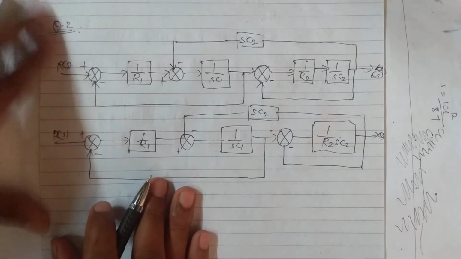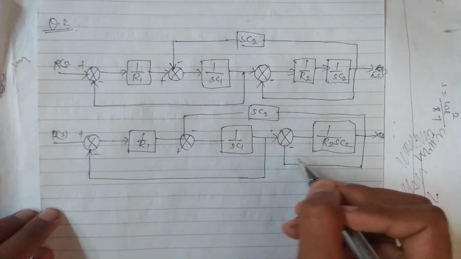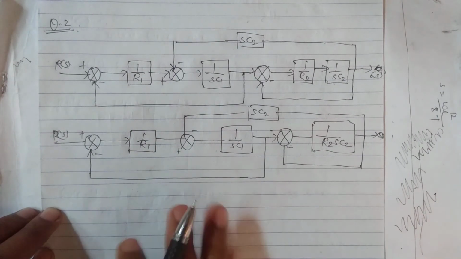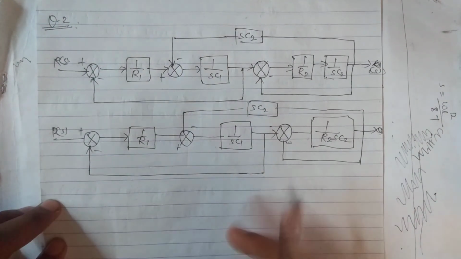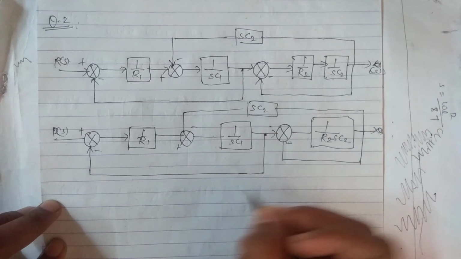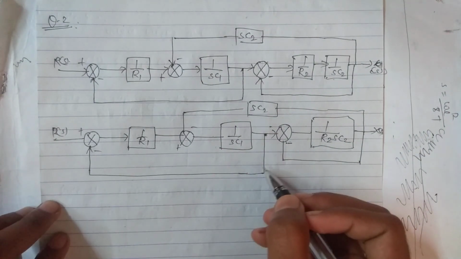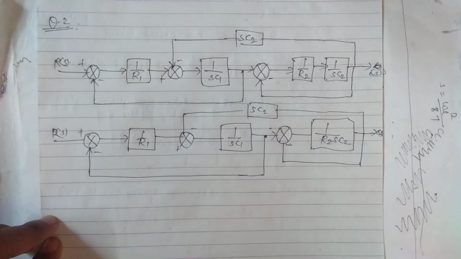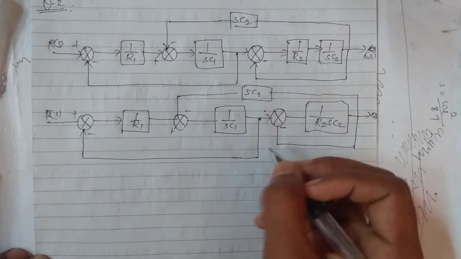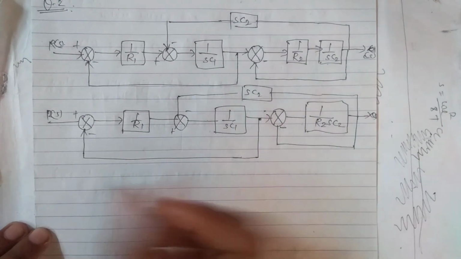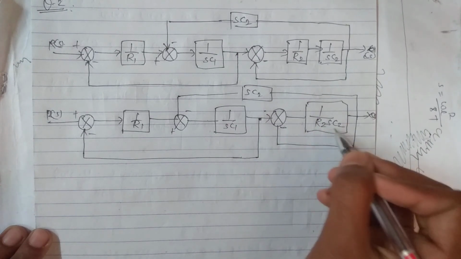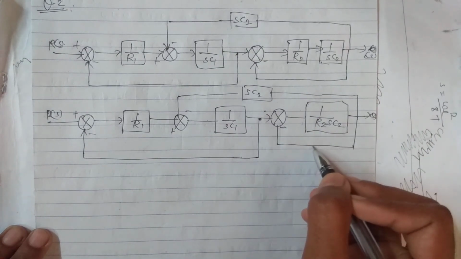Now here we'll try to apply negative feedback, sir. Since we have 1 by R SC2 and there is no block given here, we'll assume it as a unity negative feedback.